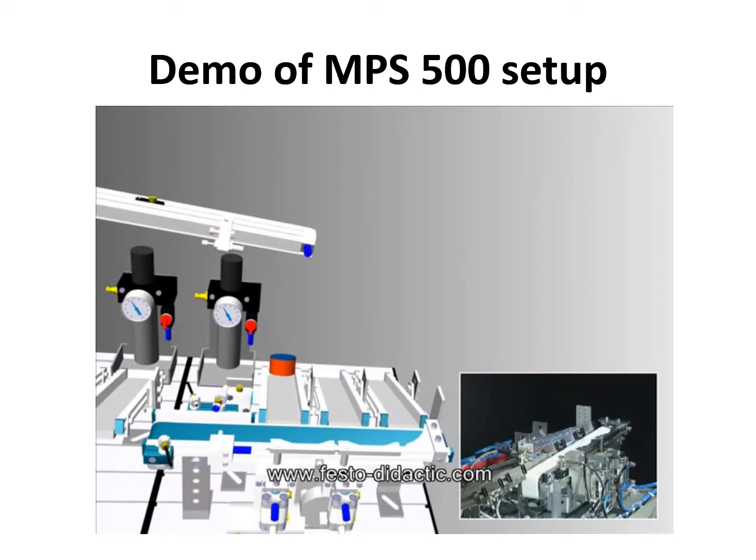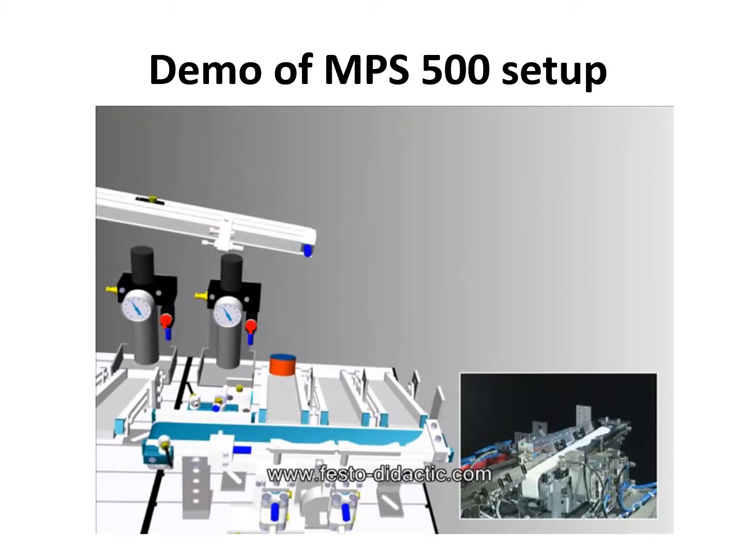There are lots of sensors involved in this process to check the color, to check the existence of the part, to check the position of cylinders. Plus, we have lots of actuators. We have DC and AC motors, for example, to rotate the conveyor belt.